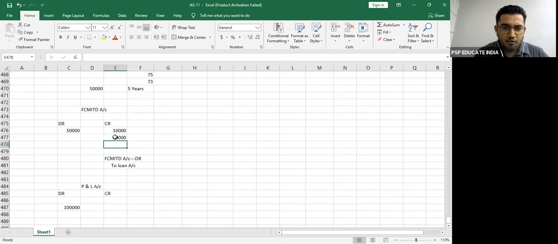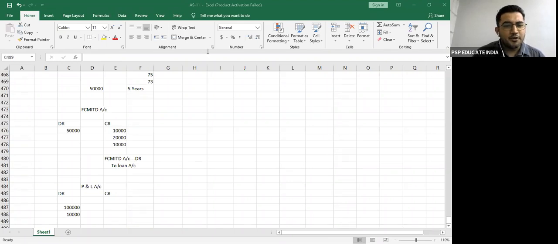First, Raj, now your doubt. 10,000 you will credit the PNL, credit the FCMI TD account, debit the profit and loss account. Now Akshay, this 20,000 gain, how much is the remaining tenure of your loan? What's the remaining tenure of your loan? 4 years.